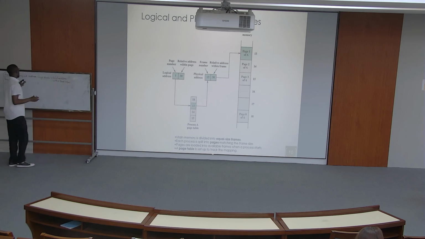For example, we have page number 1 and a relative address within the page of 30. That is, the logical address is 130.